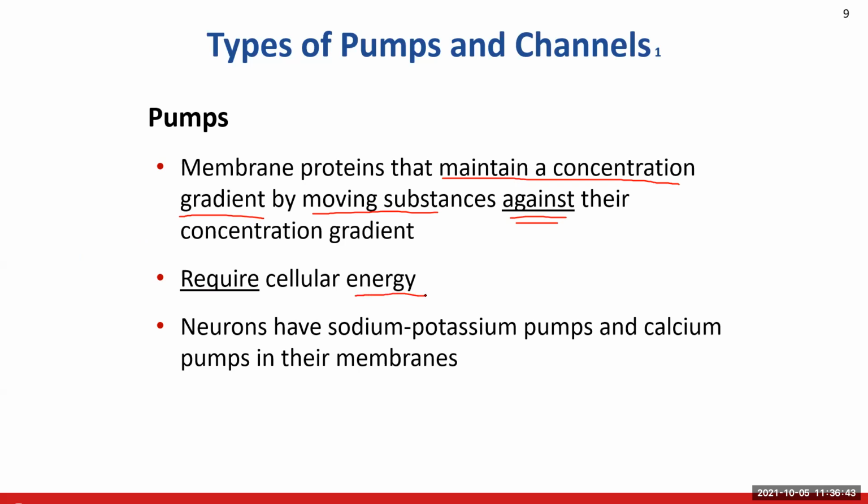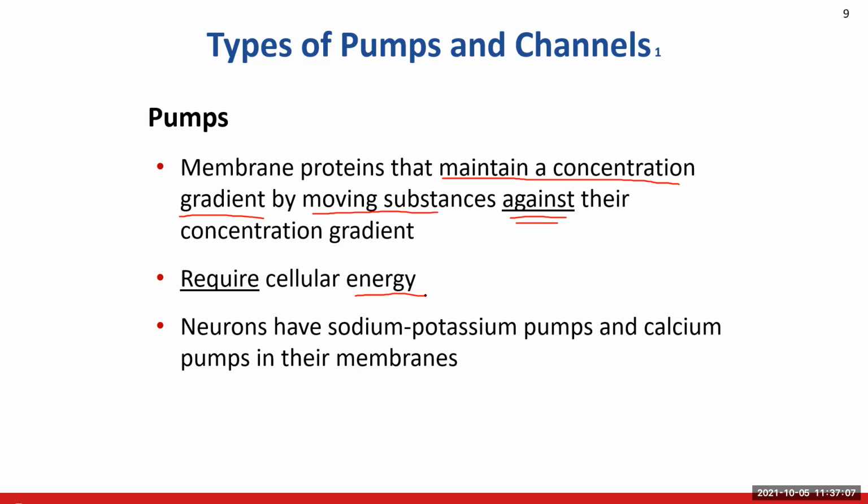In the membranes of our neurons, you have sodium potassium ion pumps and calcium pumps, and that's what they do. They pump these substances against their concentration gradient. The sodium potassium ion pump pumps sodium out of the cell, because there's more sodium outside the cell, and at the same time it pumps potassium into the cell.